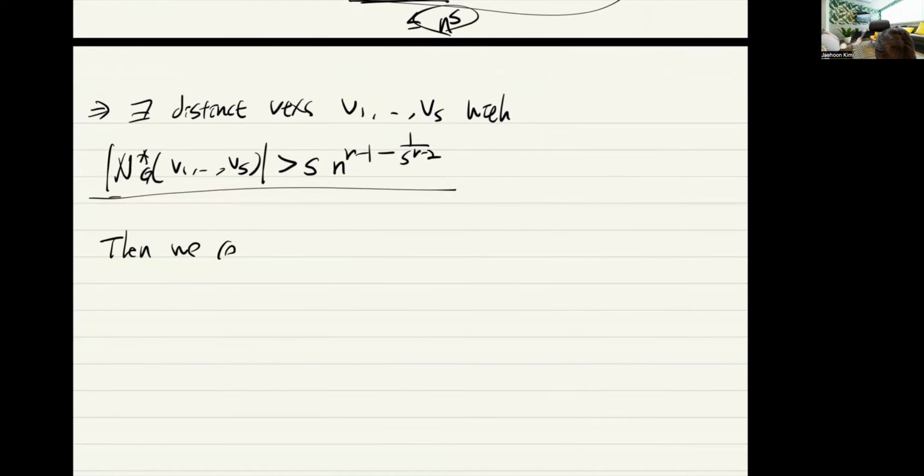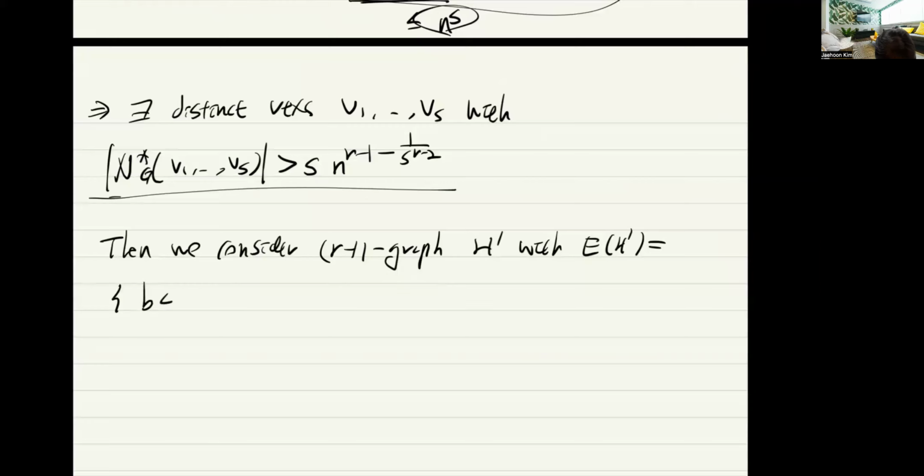Then what? We consider the r minus 1 graph H prime whose edges are exactly the r minus 1 sets which lie in this common neighborhood.